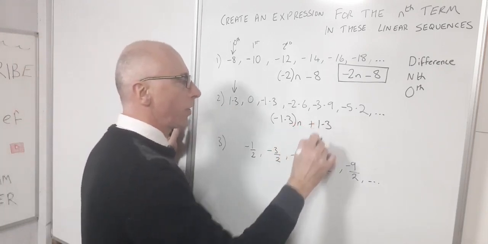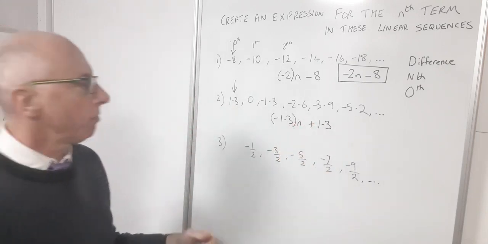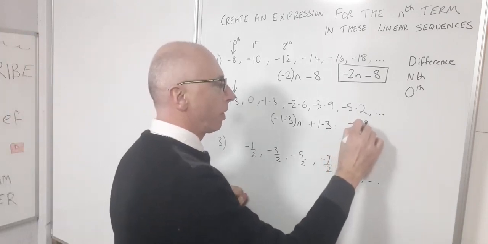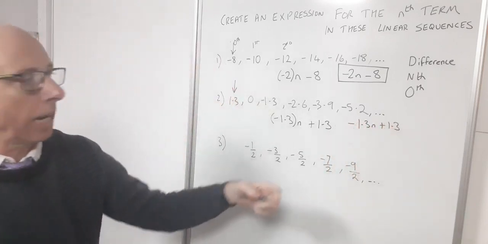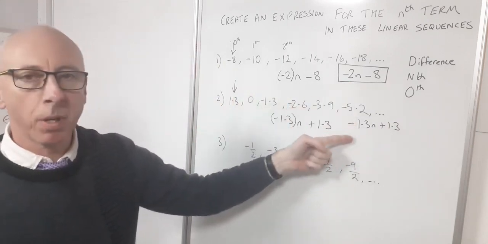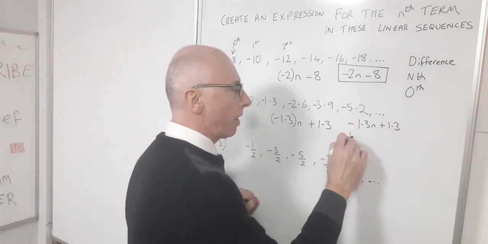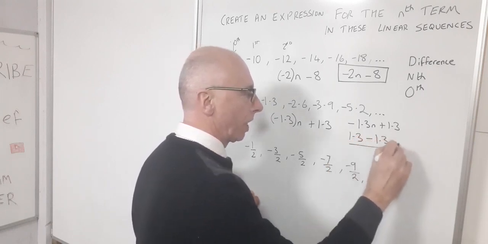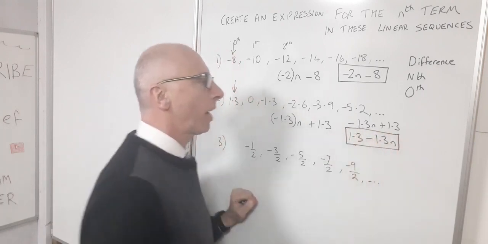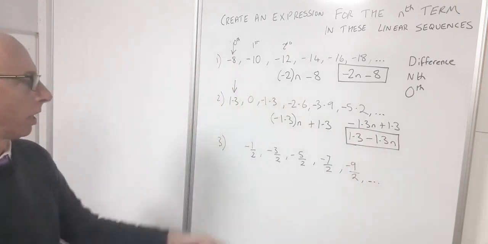So add 1.3. So now I can write this as -1.3n plus 1.3. Now, as in the previous one, I said I like to put a positive first. So I'm going to write this as 1.3 minus 1.3n. And that I will declare as my answer for that expression.